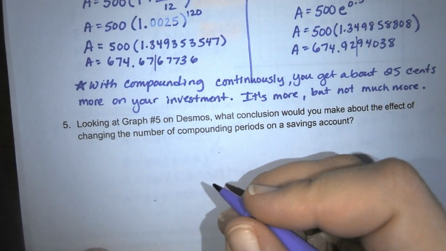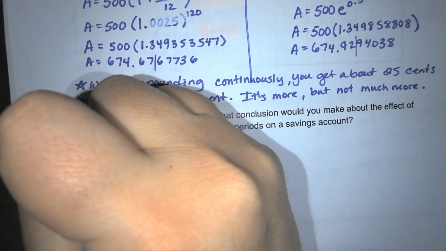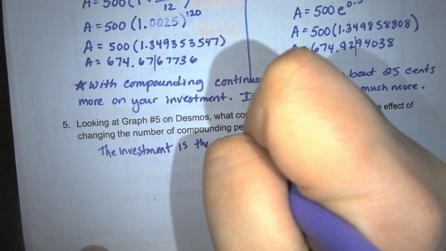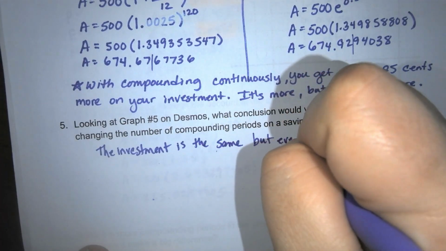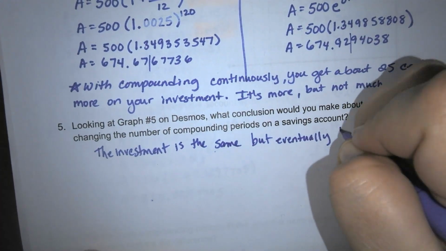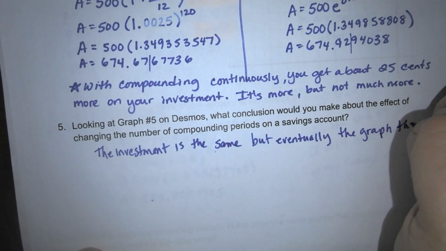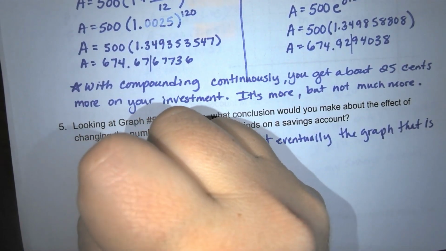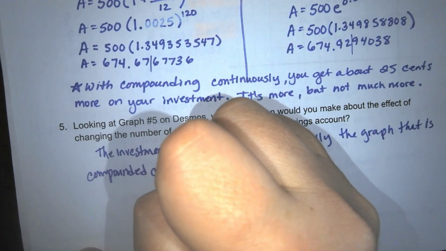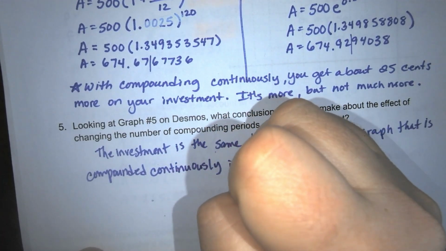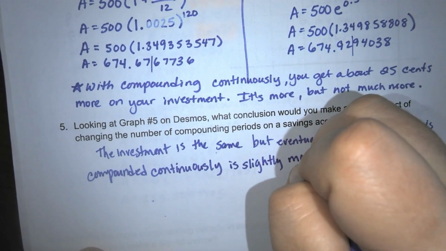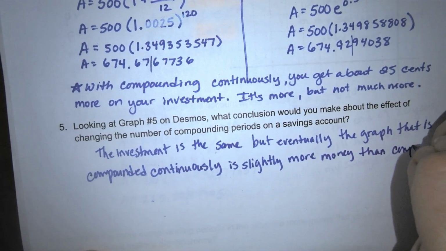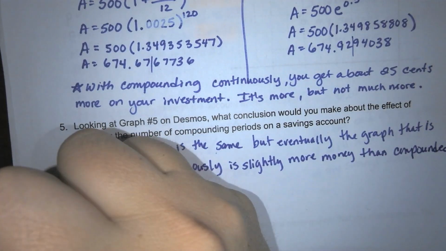So looking at the graph, we can see that the investment is the same, but eventually the graph that is compounded continuously is slightly more money than compounded monthly.